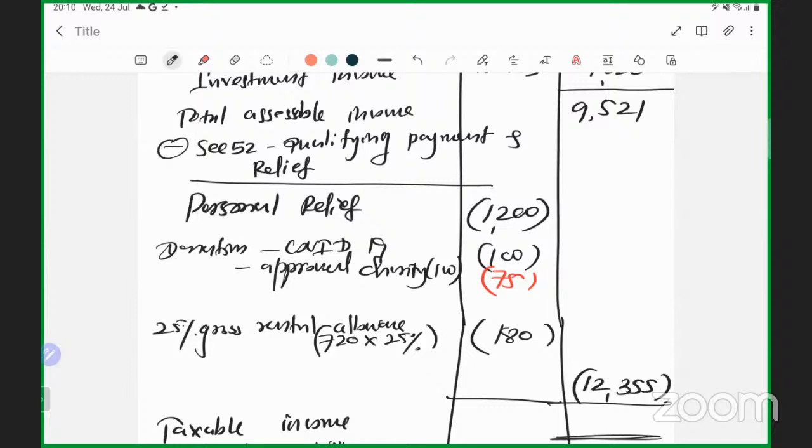Then you can calculate the taxable income: 9,521 minus this value.